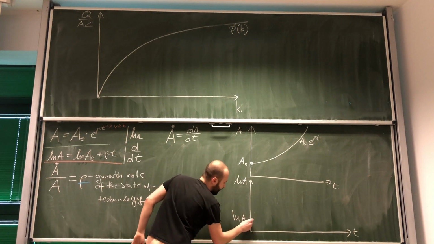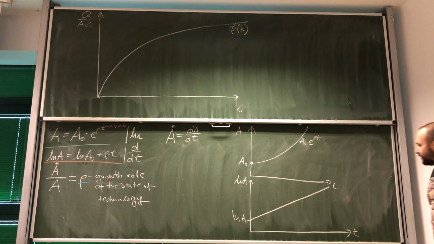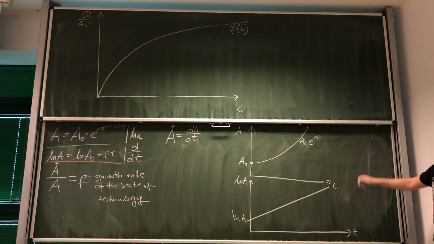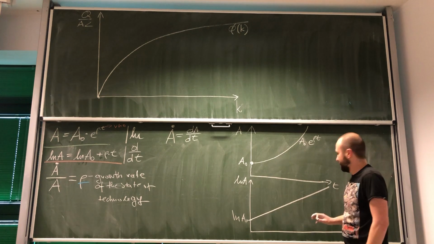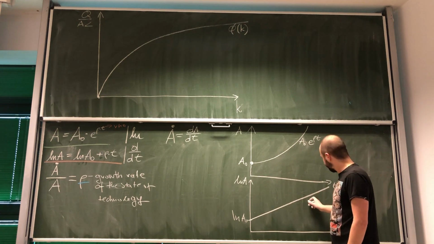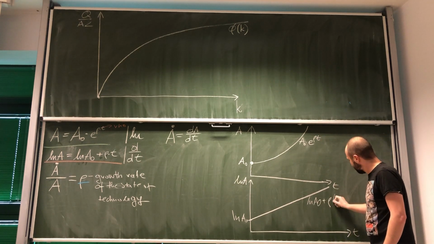So here we've got a linear function, which makes this entire graph very easy to use. So we've got ln A0 plus rho times t.